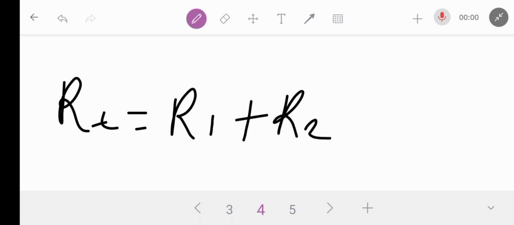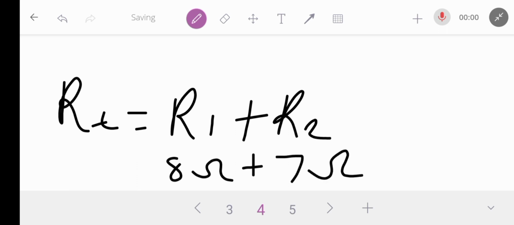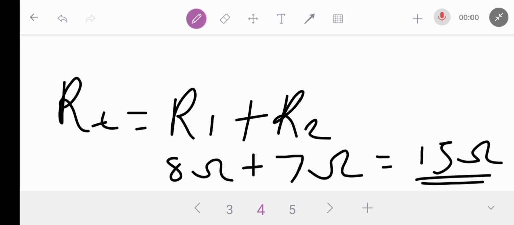So if R1 is what we are given there, we are just trying to prove here. Our answer is already 7, we know. So plus the same 7 that we have found, the answer should give us 15 ohms, our total resistance.